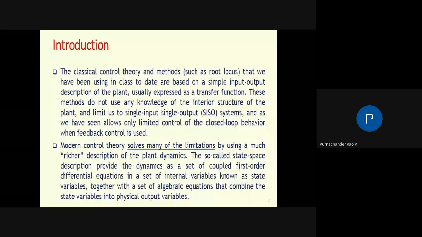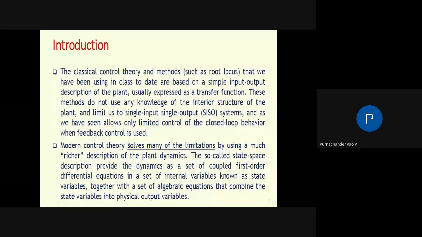This state space analysis has some advantages, such as it will consider the previous values which are stored in the system, which we call the initial conditions.